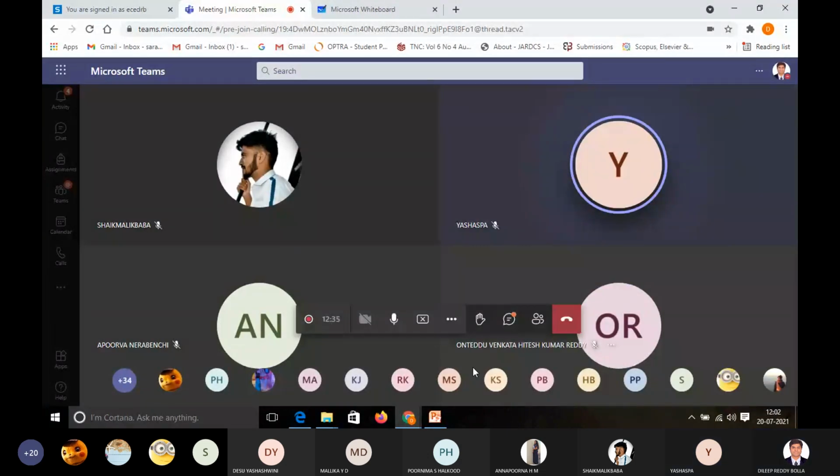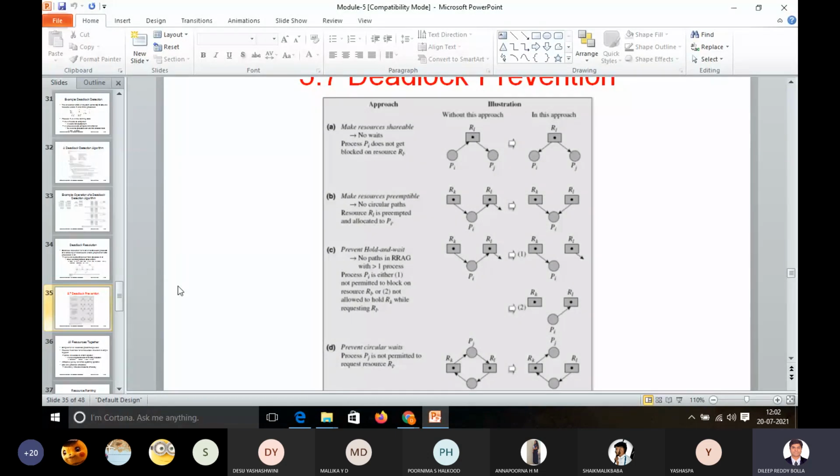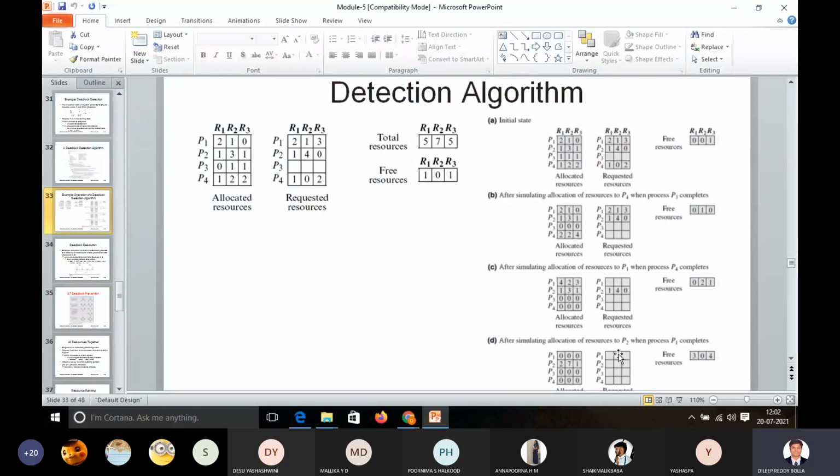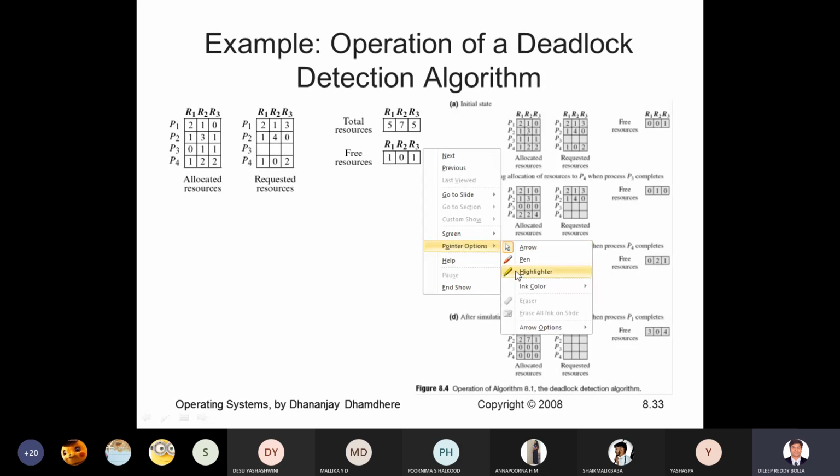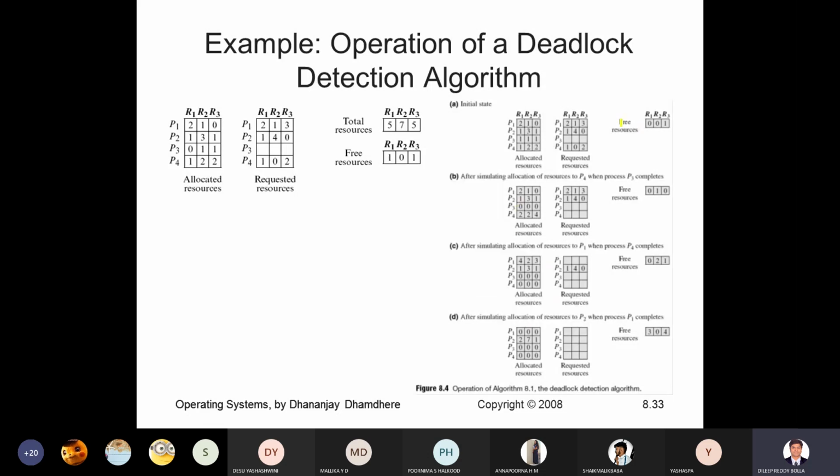All right. So this example is what we are trying to see. Now, tell me how we got this one. I'm asking you about free resources here. How is this number 001? This one and this one are both the same, so this resource we allocated here is also allocated here.